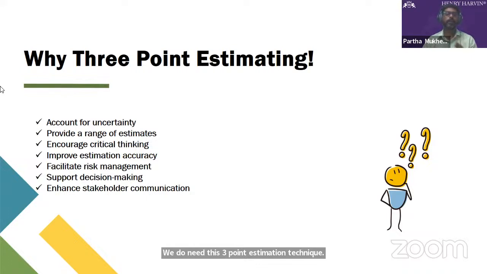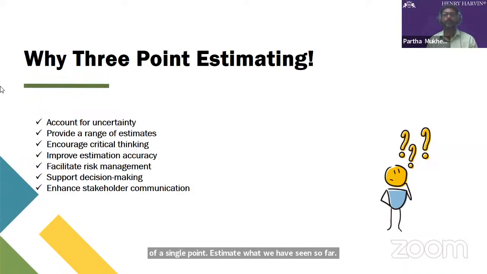That means 3-point estimating considers the fact that some level of uncertainty may always be attached to any project estimate, which gives you possibilities ranging from one outcome to another, providing a realistic estimate. 3-point estimating provides a range of estimates instead of a single point estimate, what we have seen so far.